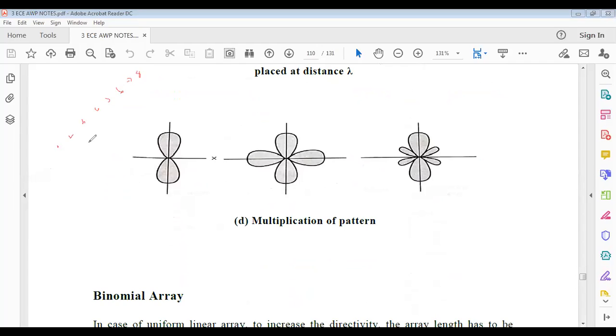See here, we already found out the resultant radiation pattern of the 4 elements 1, 2, 3, 4 as a group, and 5, 6, 7, 8 as a group. The 4-element radiation pattern is already known, and this is also from the 1 and 2 combination, 3 and 4 combination, 5 and 6, and 7 and 8.